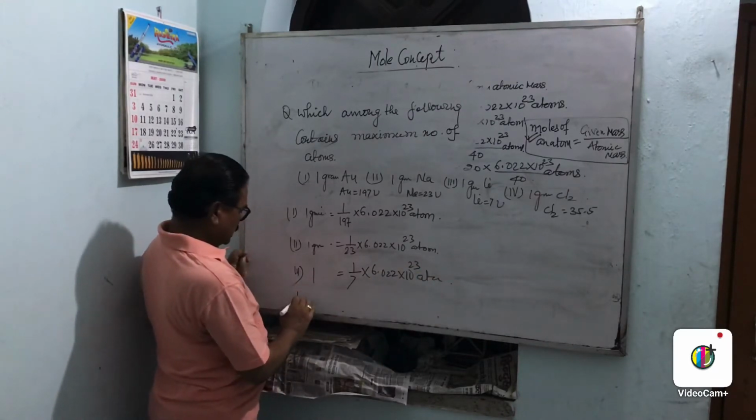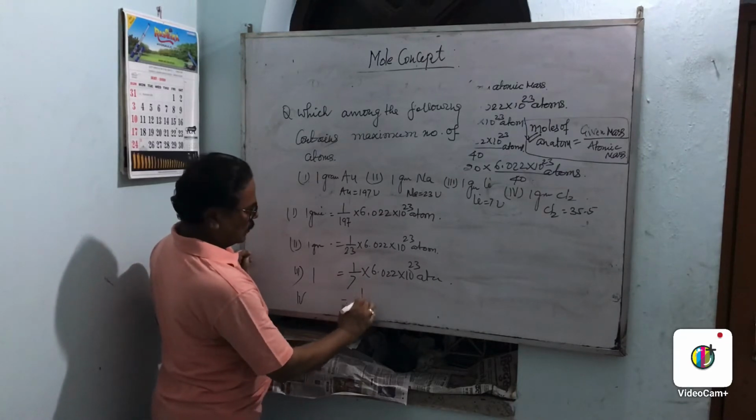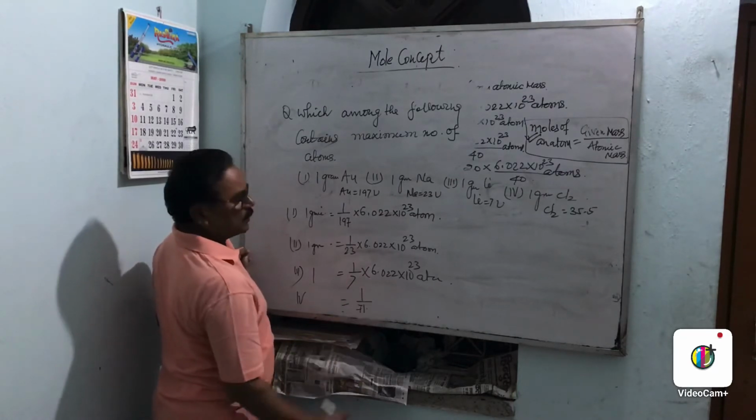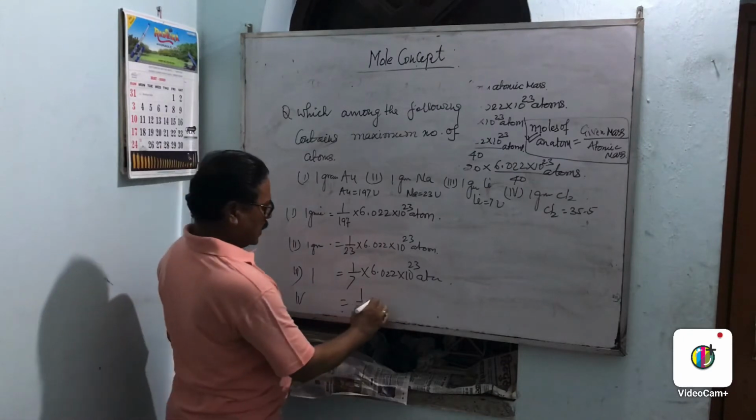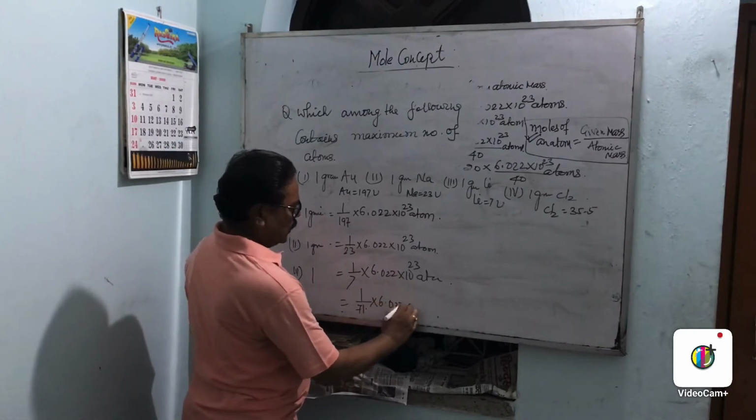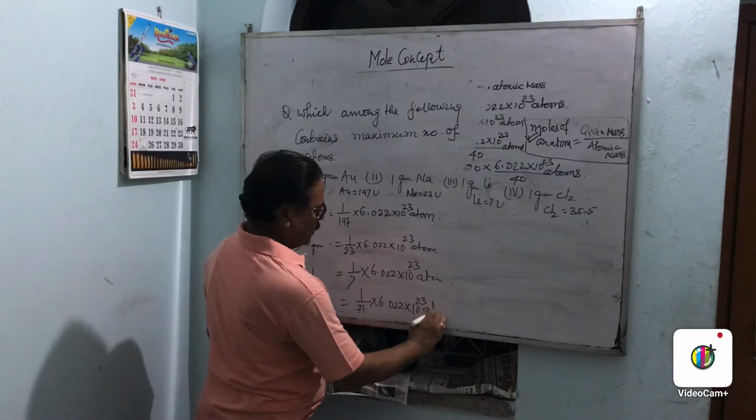Similarly, this is 4, this will contain 1 into 35.5, this one, and this is 6.022 into 10 to the power 23 atoms, like this.